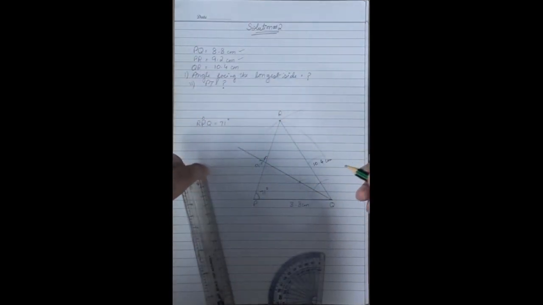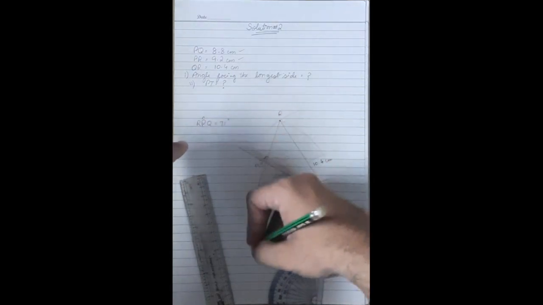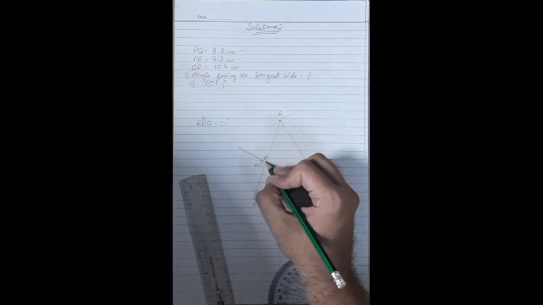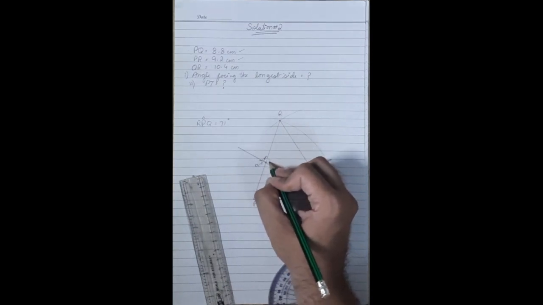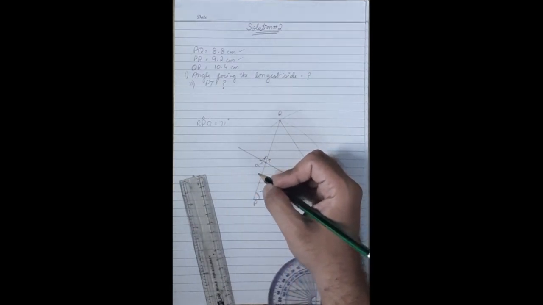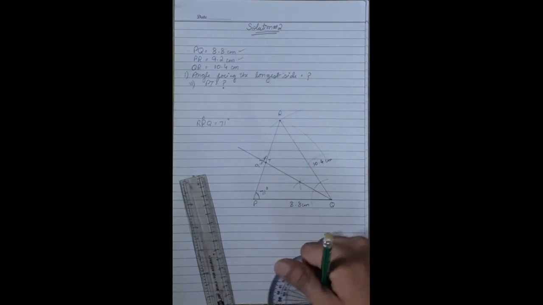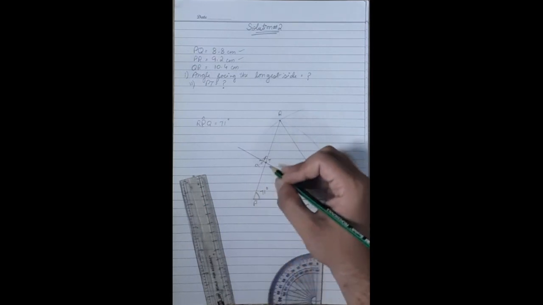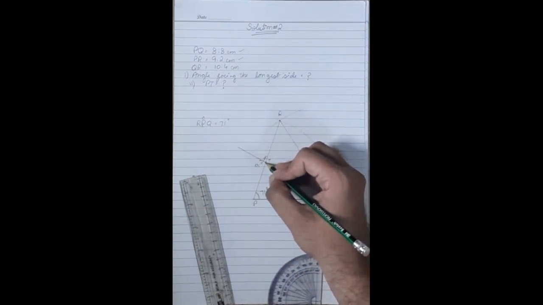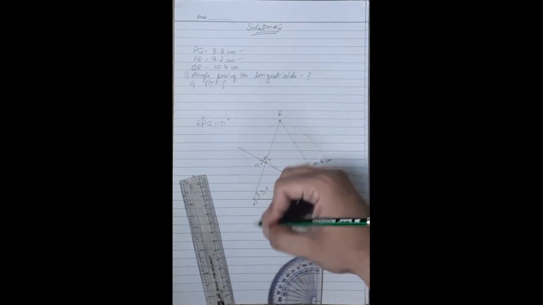As it is given in the question, where the line cuts PR, this intersection point is known as T, and we need to measure the length of PT. So here it is P and here it is T. We need to measure the distance between them.